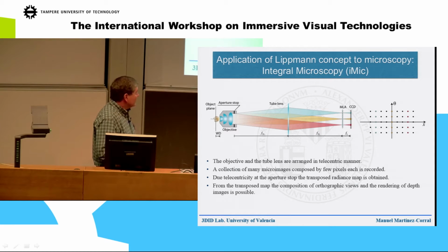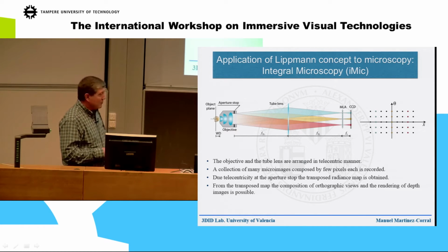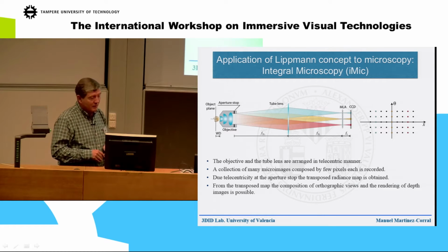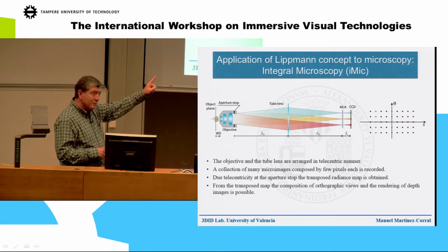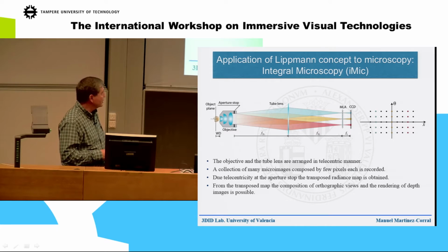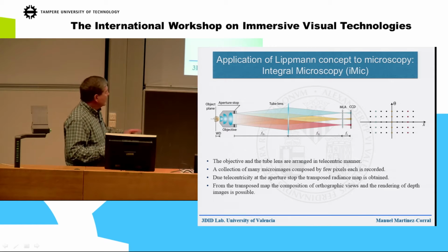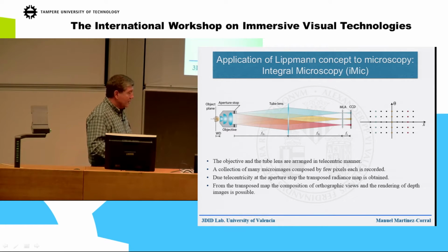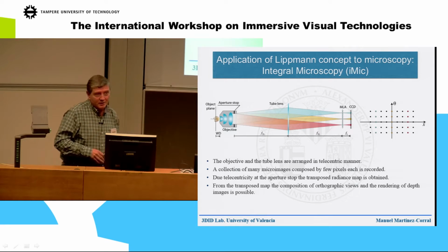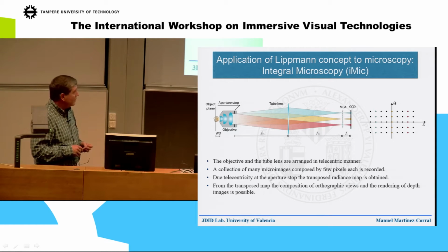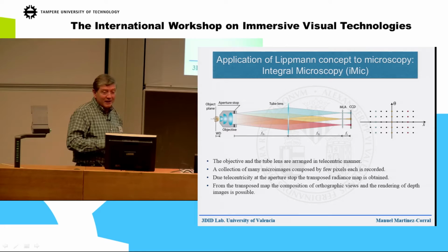The most important issue here is that by simply performing a transposition of this matrix, of this function, we can obtain the perspective views, what we can call the elemental images.